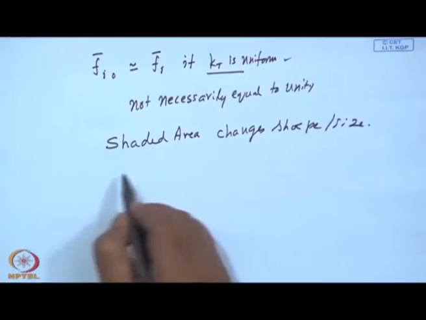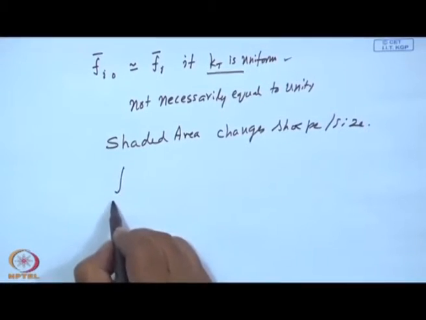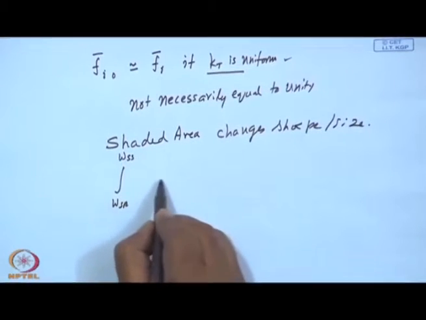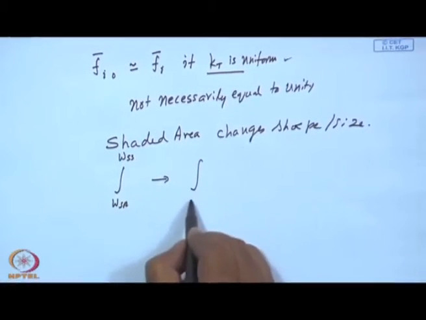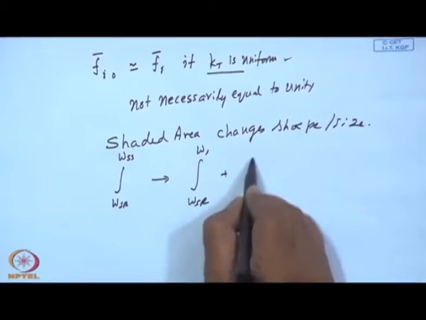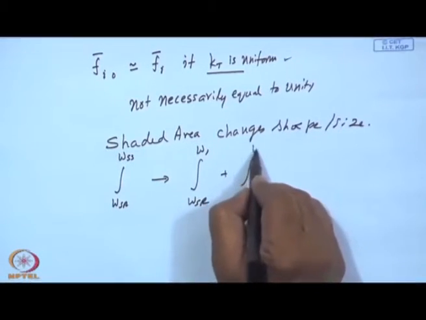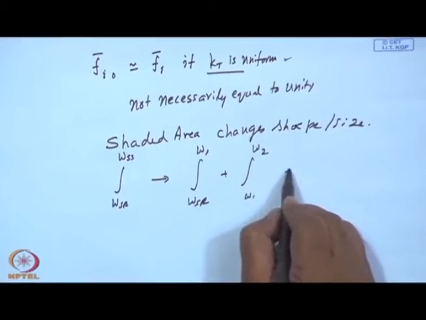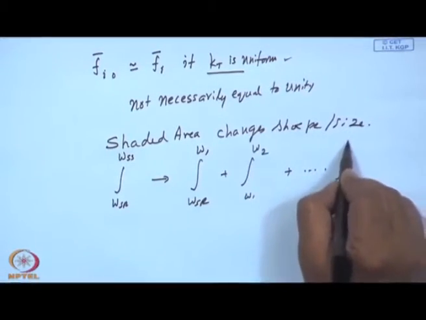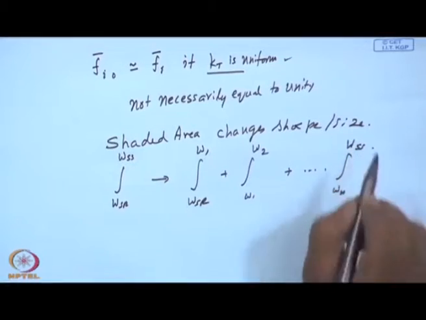So, in other words, this so called omega_sr to omega_ss may have to be split up into omega_sr to omega_1, plus omega_1 to omega_2, plus omega_n to omega_ss.